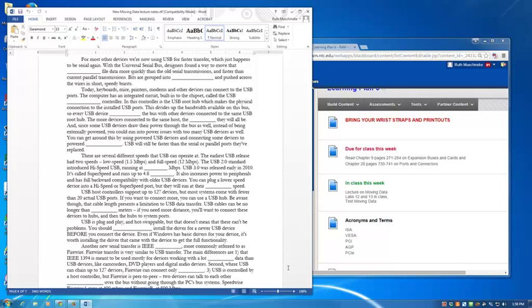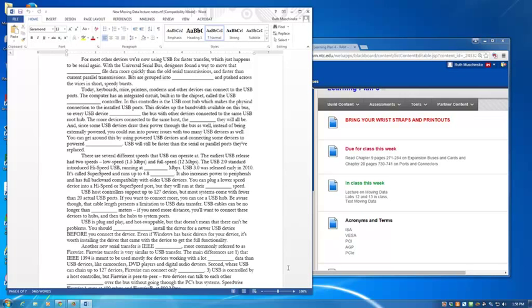There are several different speeds that USB can operate at. The earliest USB release had two speeds, low speed at 1.5 megabits per second and full speed at 12 megabits per second. The USB 2 standard introduced high speed USB running at 480 megabits per second.